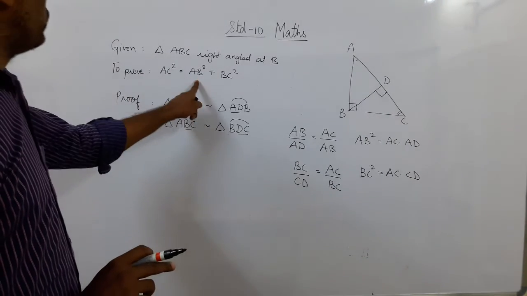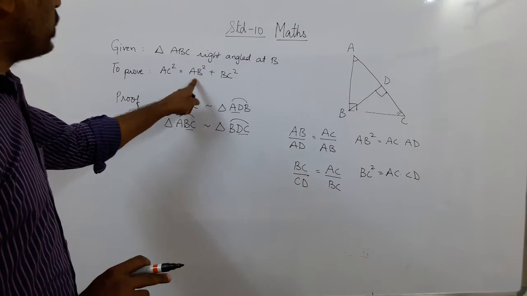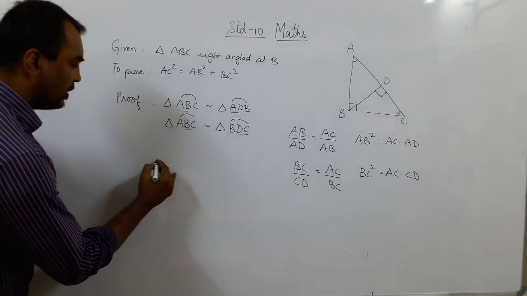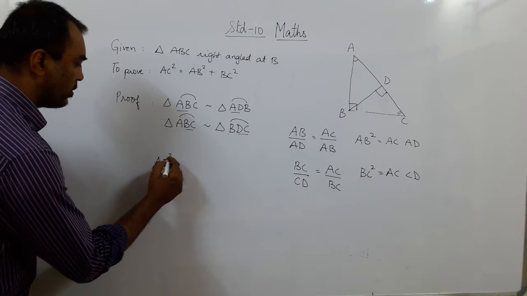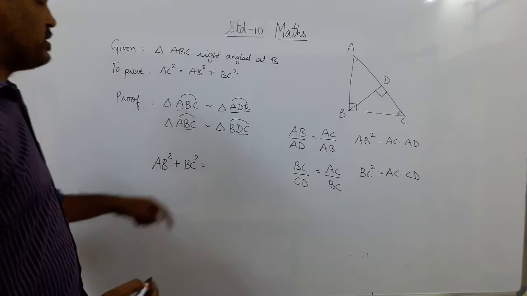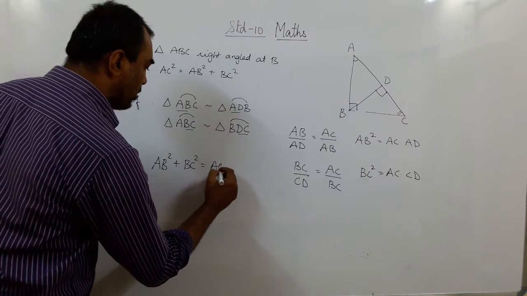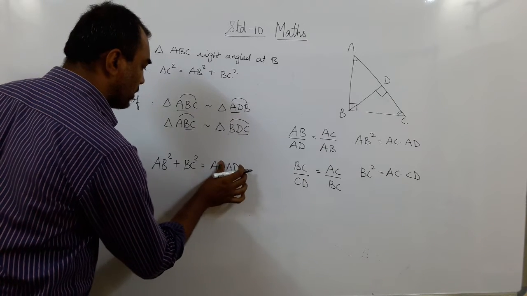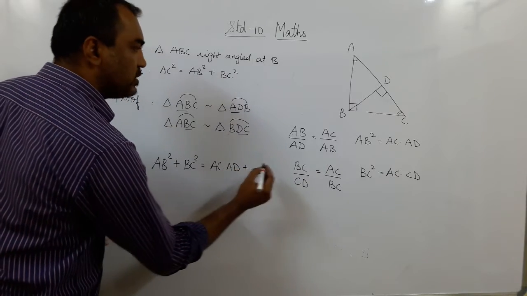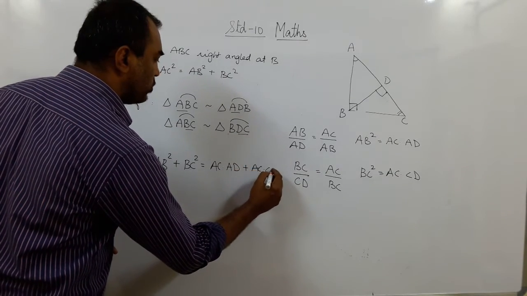Okay, now we have to prove this. So we have got AB square plus BC square. Let us add them. Now what is AB square? AC into AD, plus BC square is AC into CD.